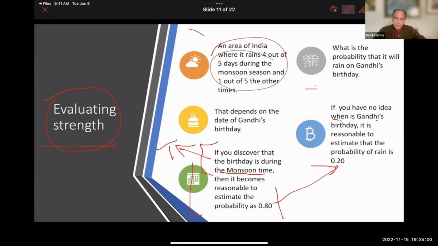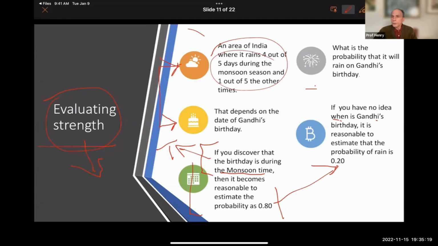But here the strength of your conclusion that it will most likely rain on Gandhi's birthday depends on the strength of the premises.